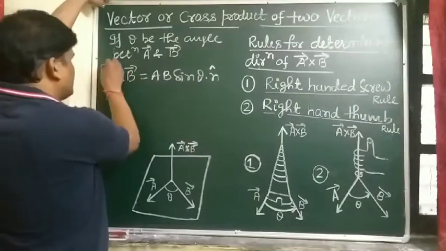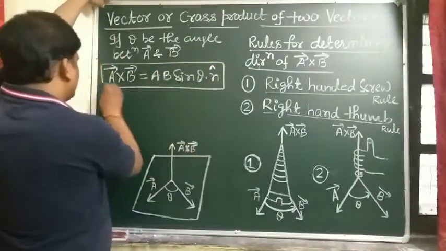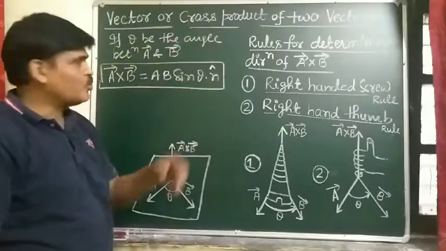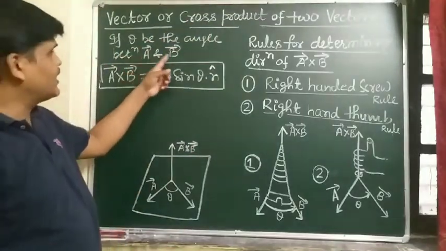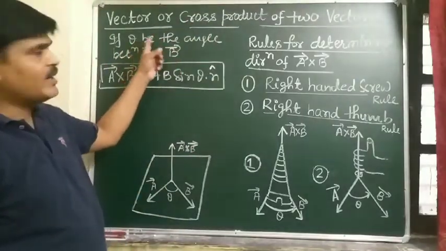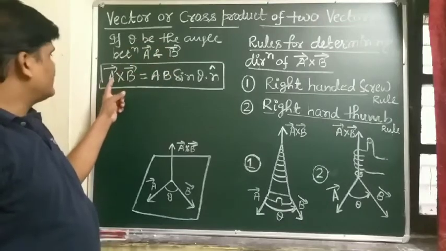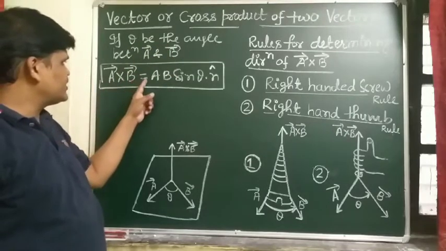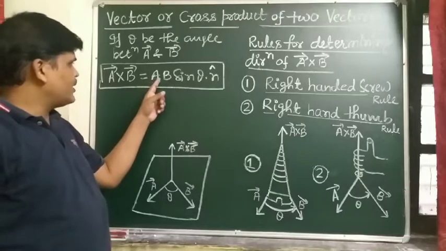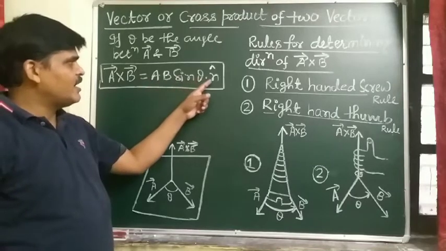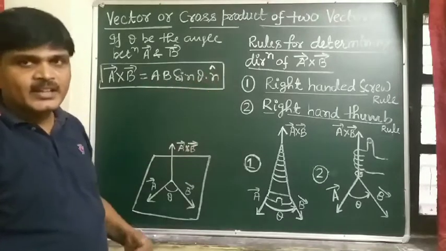This is the formula of the vector product or cross product of two vectors. So for two vectors A and B, the angle between them is theta, and vector A cross vector B is equal to AB sin theta and unit vector n.